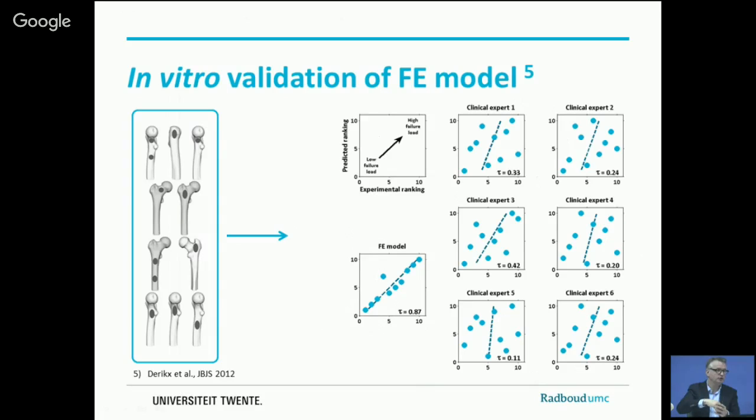But you could have a very strong bone from a young man with a big hole, which is much stronger than a small hole in an old lady's bone. It's very difficult for clinicians to incorporate that, whereas we have that in the model because we get that from the CT scans, right? Okay, so we were quite happy. At least we are better than the clinicians, and that's always good to know. Sorry for the medical students here.